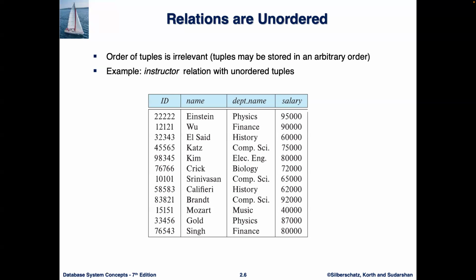There are queries that we can use: based on ID, give me a list of this table, or based on salary, ascending or descending order, or based on name, sorted alphabetically. That is possible, but that is the view that we generate using queries. In general, the tables are unordered. That means the relations are unordered.